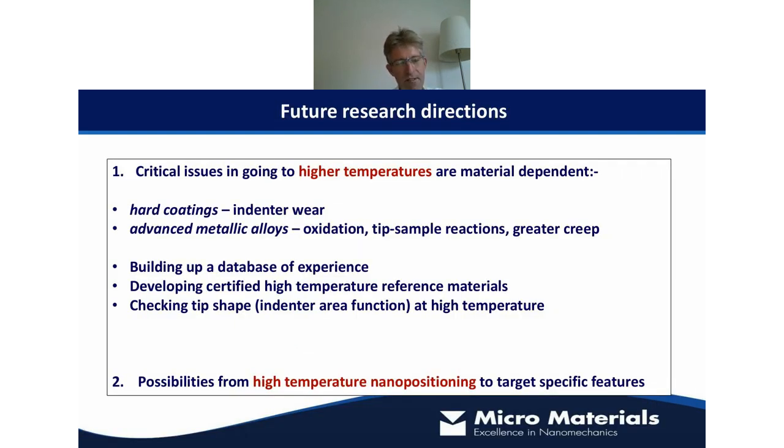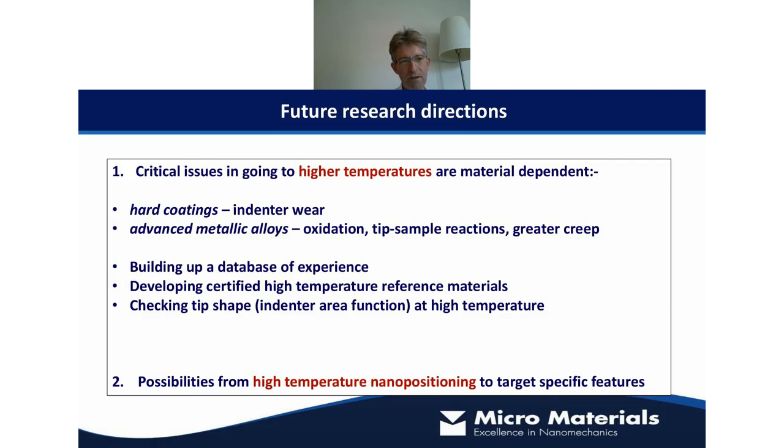So our future research directions really are to understand that the critical issues in going to high temperatures are to some extent material dependent. With hard coatings and materials such as the silicon carbide I talked about that retain high temperature hardness, indenter wear can become more important.